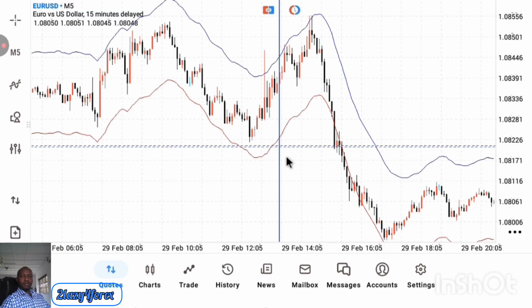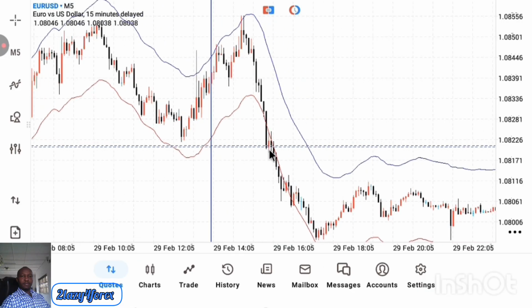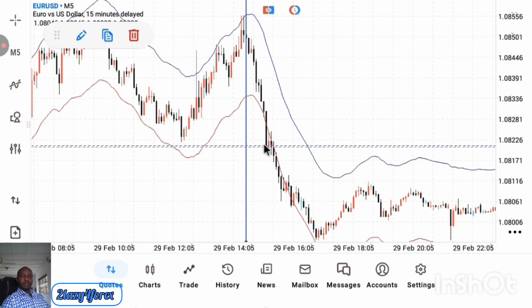This is the line I used to mark it. Probably price just touched the line we drew. That was the zone, that area we wanted price to come and touch. Let's just assume price just touched the place. Okay, so now we're good. Price has touched that place.